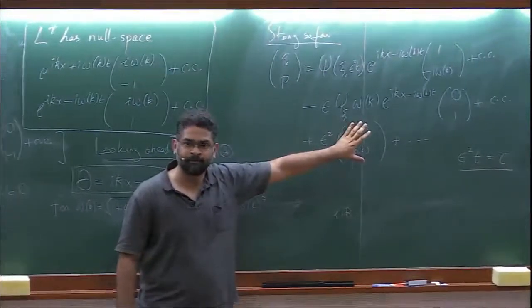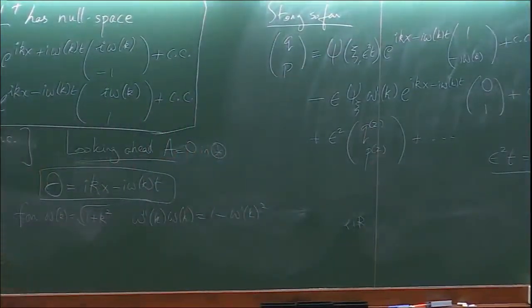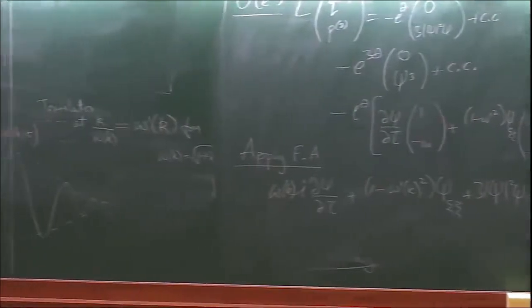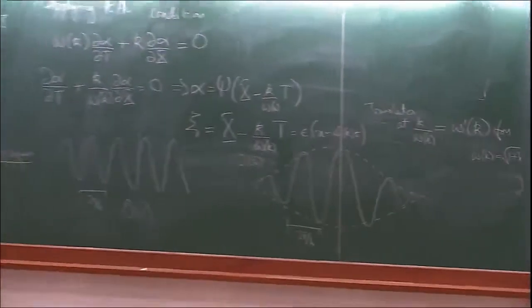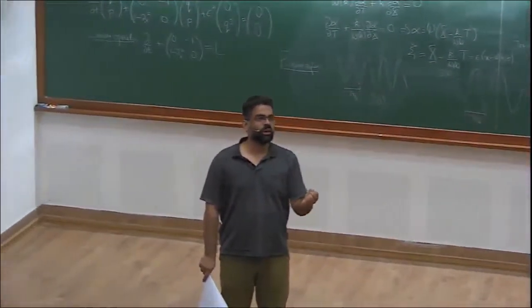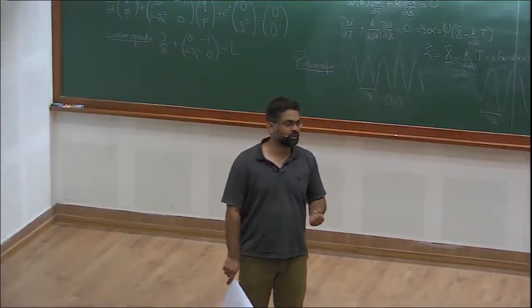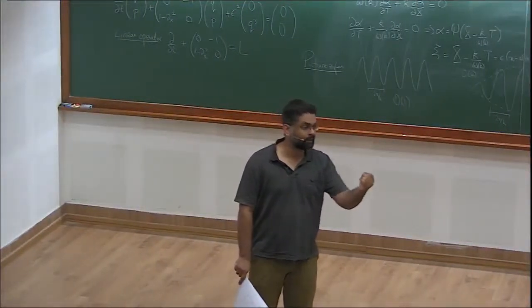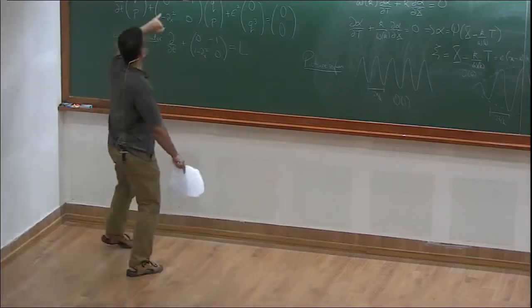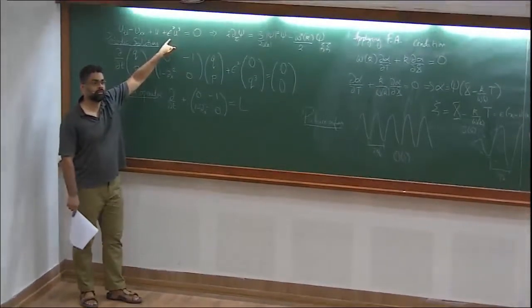Okay? So to answer the question that's been repeatedly asked, how do you pick epsilon? The slow modulation you define in terms of the initial condition. So if you picked a slow initial condition that depended on a parameter epsilon to the 1/2, what is that epsilon to the 1/2 with respect to this number?